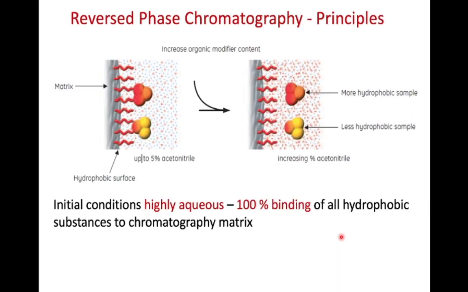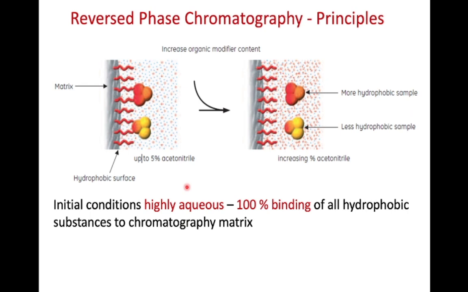Looking at how this works, here we have our matrix and then the hydrophobic surface. Normally we have our sample in up to 5% acetonitrile. As we increase the organic modifier content, we elute more hydrophobic and less hydrophobic sample. The initial conditions are highly aqueous, so 100% will bind to all the hydrophobic substances in the chromatography matrix.